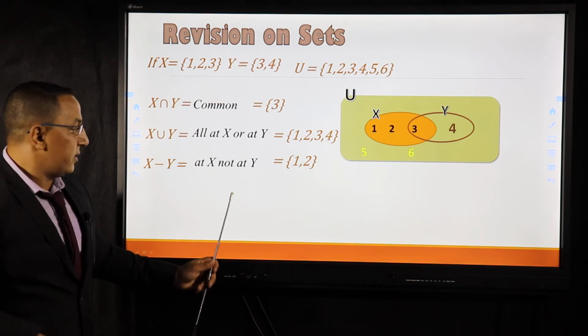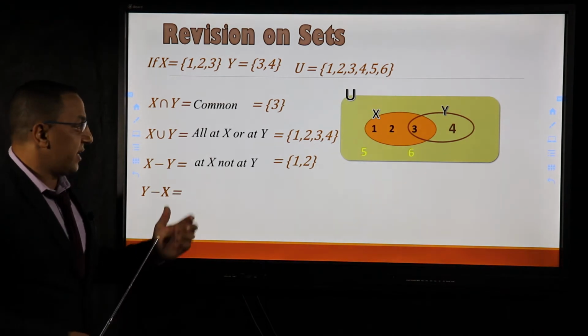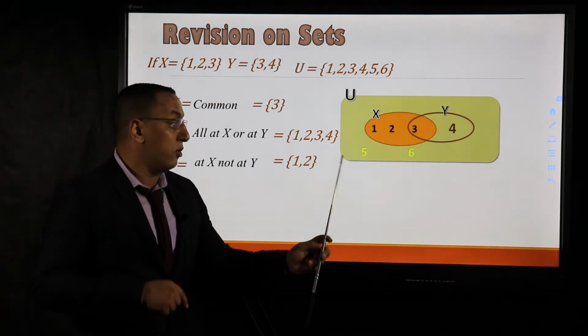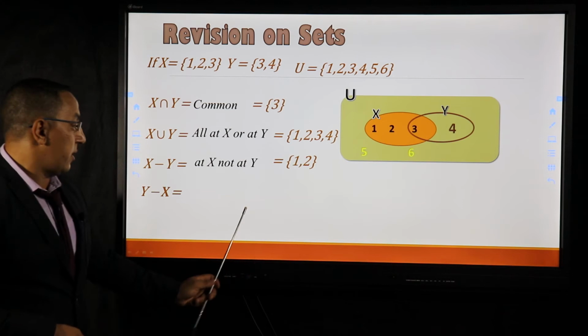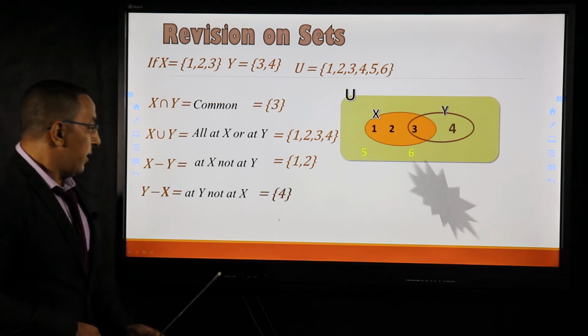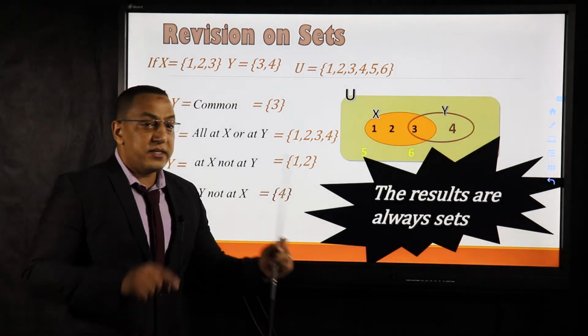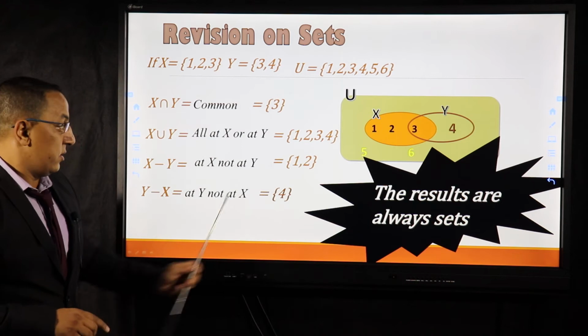We have the opposite operation, y minus x. y minus x means elements belonging to y and not to x, which is the number 4, like this. Don't forget to represent them: the result is always inside a set.